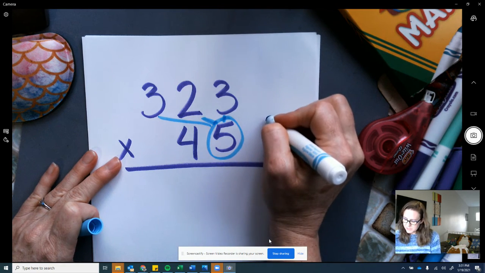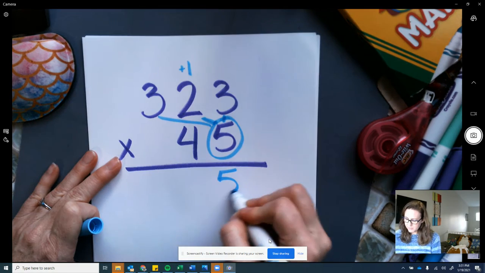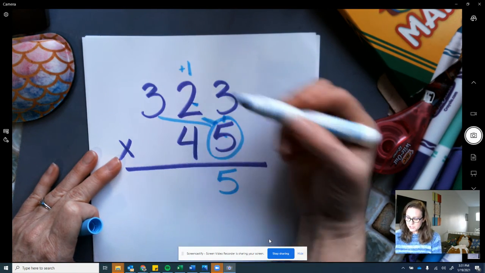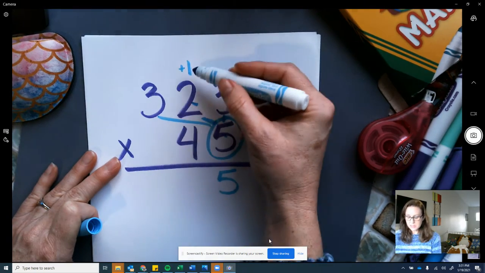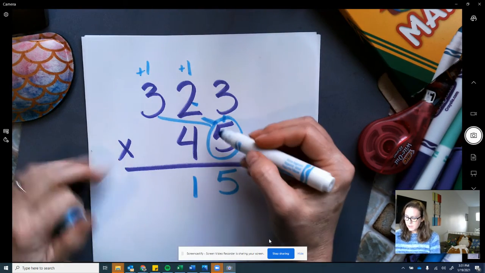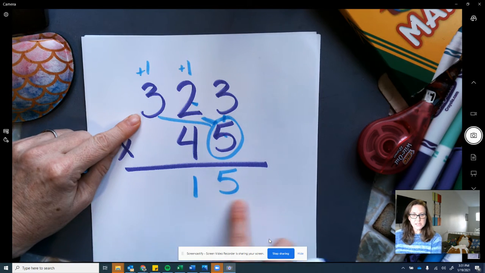We've got 5 times 3 is 15. So I'm going to put my 1 here and my 5 of my 15 there. Next is 5 times 2 plus 1. 5 times 2 is 10. Plus 1 more is 11. So 11. Now I've got 5 times, go ahead and figure out the rest of this number.